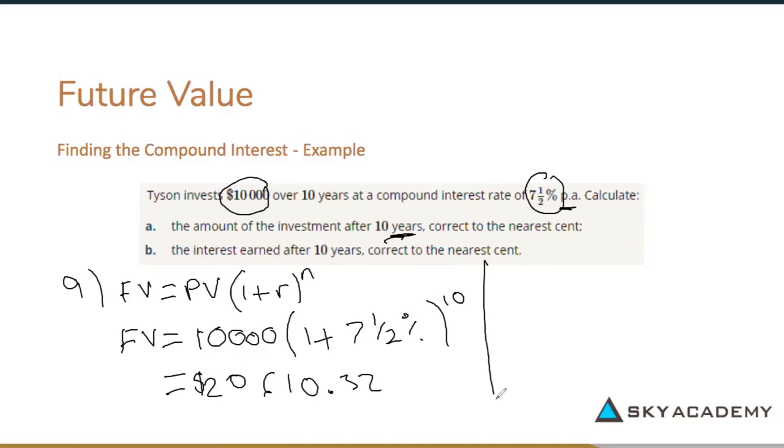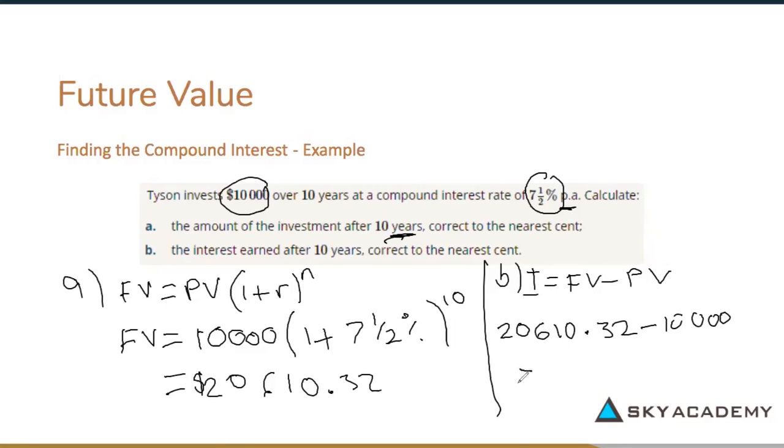Now I'll do question B on this side. Now we have been asked to calculate the interest earned after 10 years, correct to the nearest cent. So if we know that the interest, I, just equals the future value minus the present value, we can just go ahead and get 20,610.32 minus our present value, 10,000.